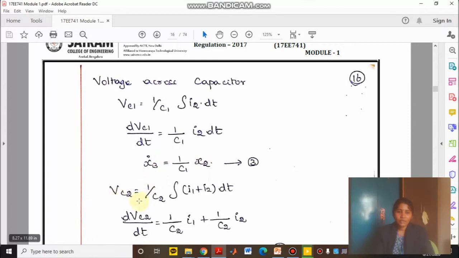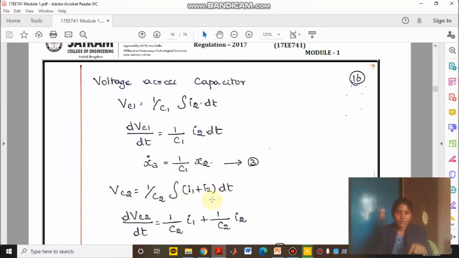Same thing, you identify the voltage across the capacitor Vc2. Vc2 is equal to 1 by C2 integration of (I1 plus I2) dt. As I explained earlier, this capacitor carries two currents because in the loop both currents are in the same direction.